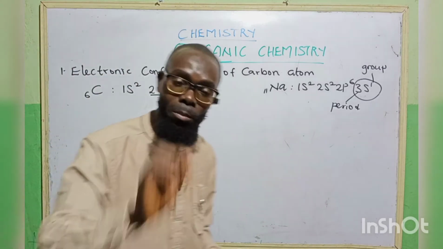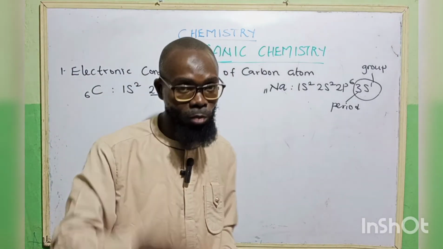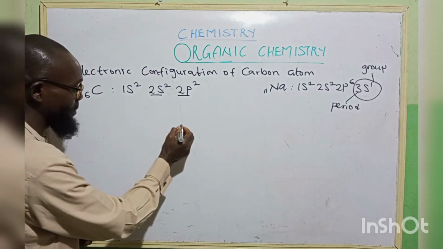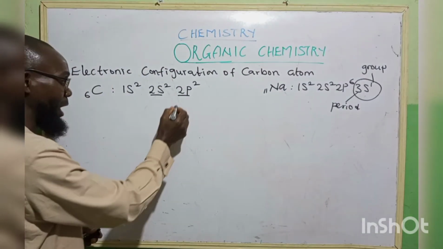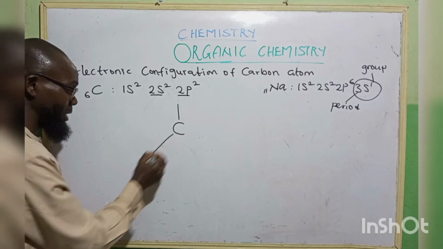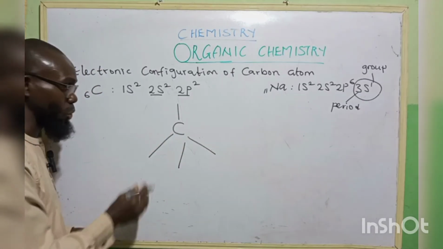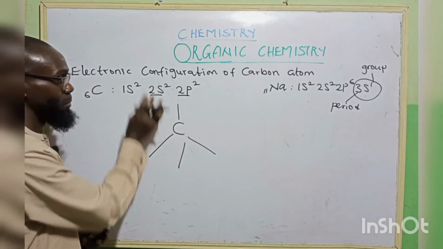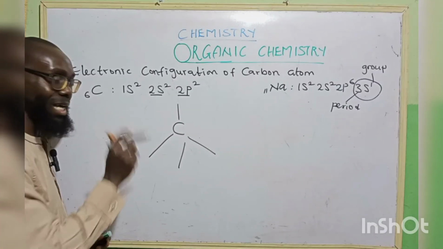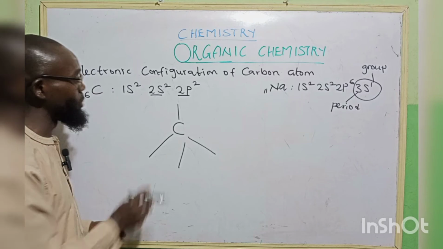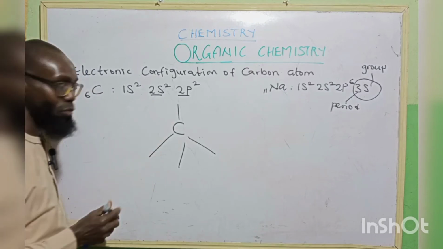The carbon atom must be surrounded by 4 bonds. Look at this. We have carbon this way. So the first bond, the second one, the third one, and the fourth one. So 4 bonds must surround it because it has 4 electrons in the outermost shell. So this is the electronic configuration of the carbon atom.